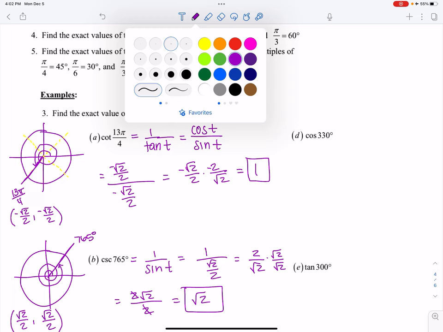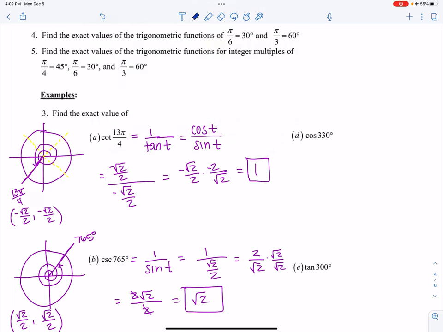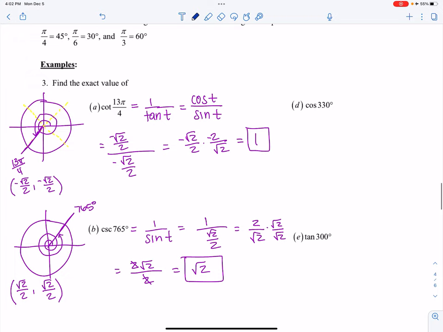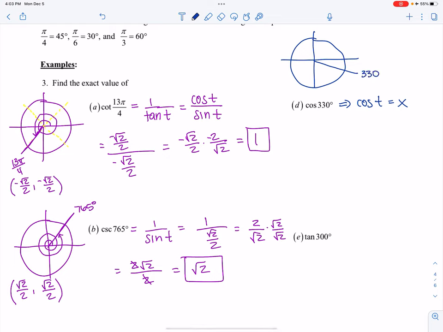Okay, let's do cosine of 330 degrees. So cosine is going to be another friendly one because we know that cosine is our x value. So let's find 330 degrees. Well, I started by referencing that if I go all the way around the circle completely, I would end up with 360 degrees. So I'm just going to be 30 degrees short of that at 330 degrees.